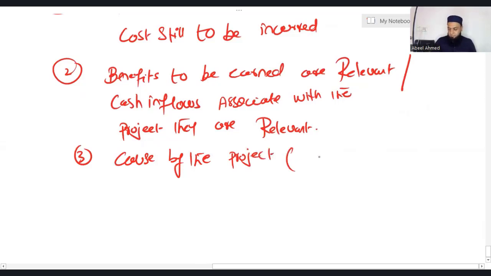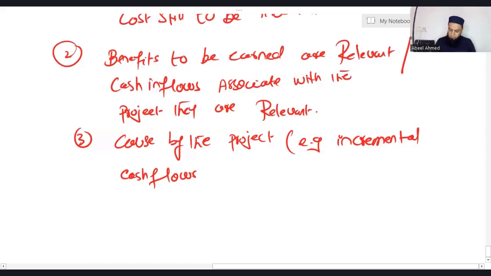For example, we are talking about incremental cash flows. For example, opportunity cost. Obviously, because of the project, if you are bearing any opportunity cost, that is relevant for you.